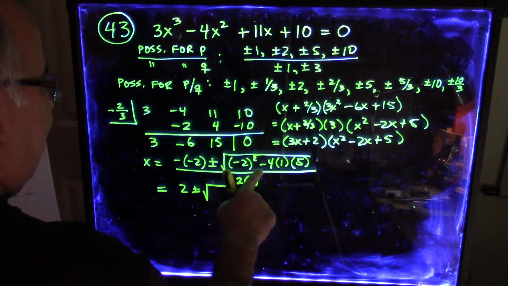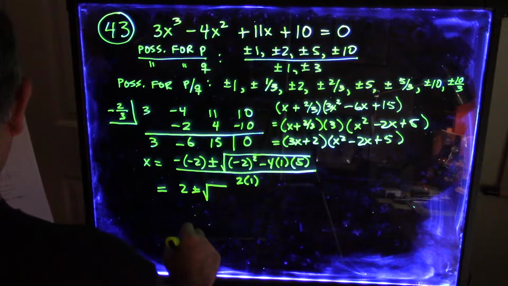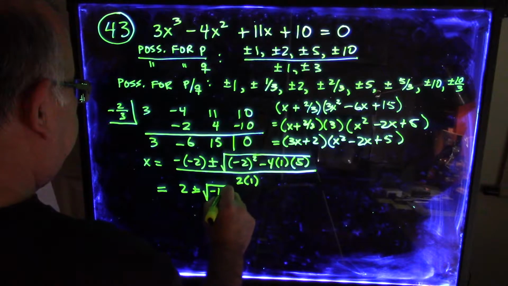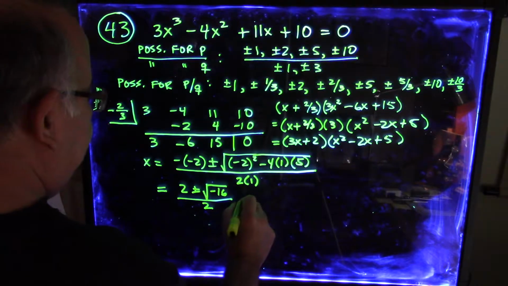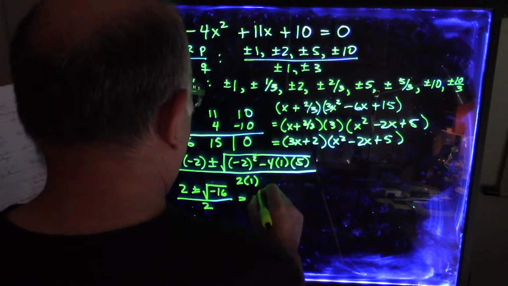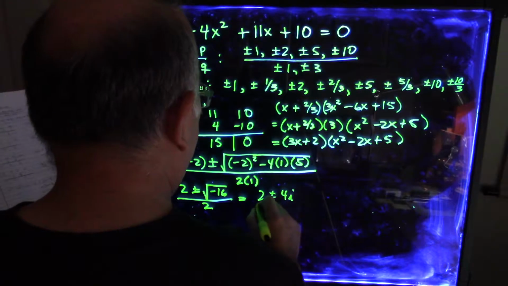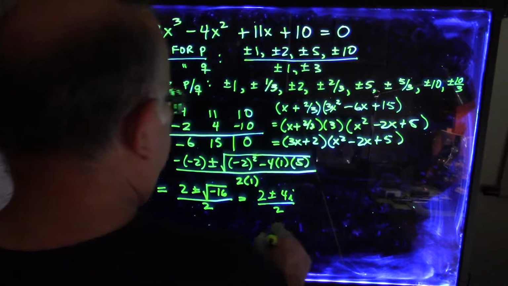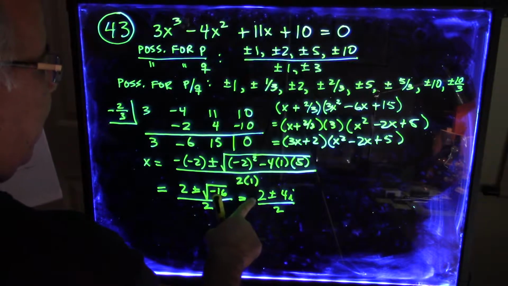So this is going to be 4 minus 20 under the radical, all right? And that's equal to negative 16 over 2. And let me just keep going horizontally here. That's going to be 2 plus or minus 4i all over 2. And you can factor a 2 out of the numerator like we did in the last problem, number 41.